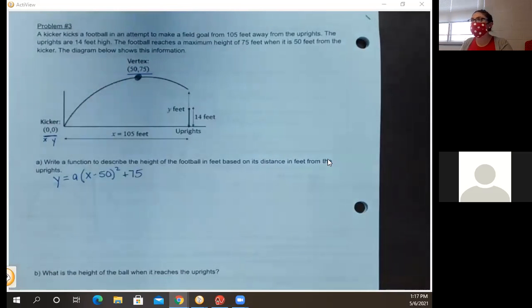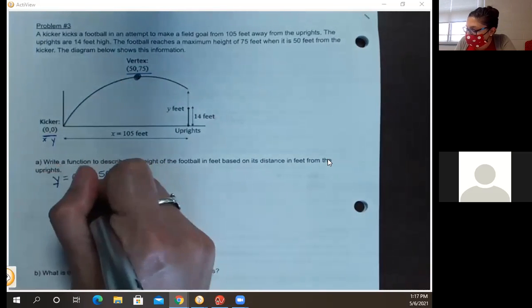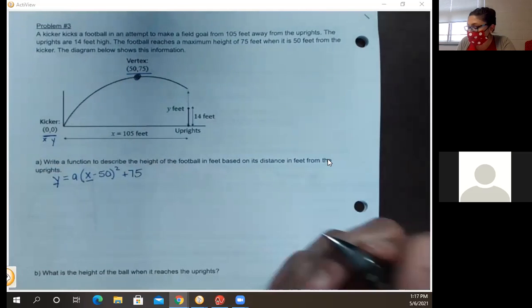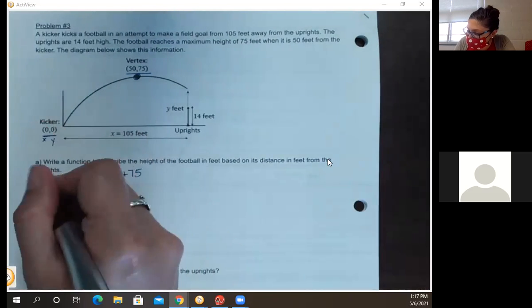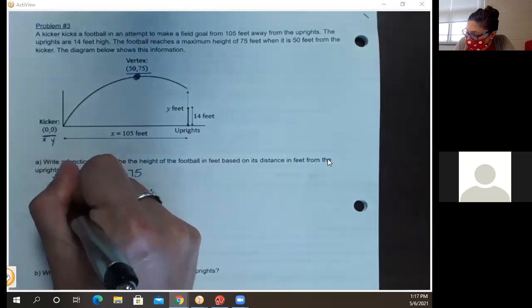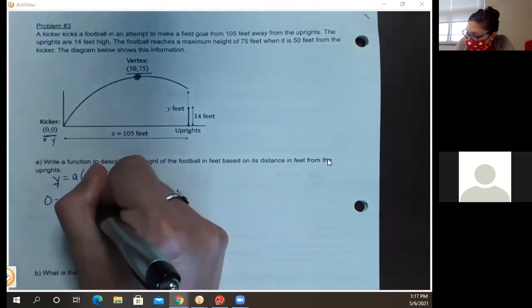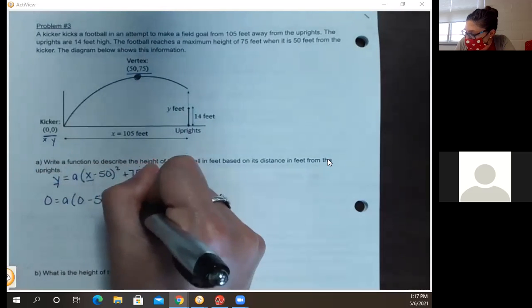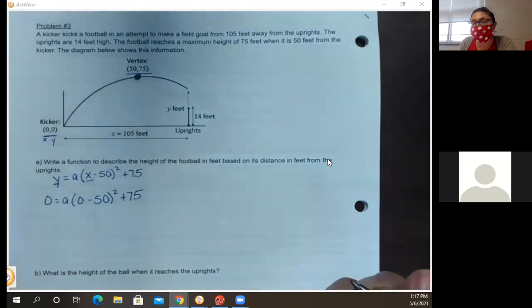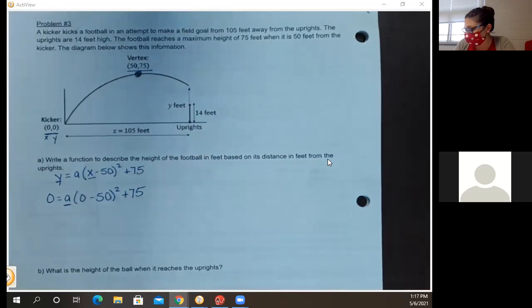Remember, that's what an ordered pair represents, an x value with a y value. So I can plug that in for x and y in my function to solve for a. So that's what I'm going to do now. I'm going to plug in 0 for y, and I'm going to plug in 0 for x. And now I only have one variable in my equation, so I can solve for that.